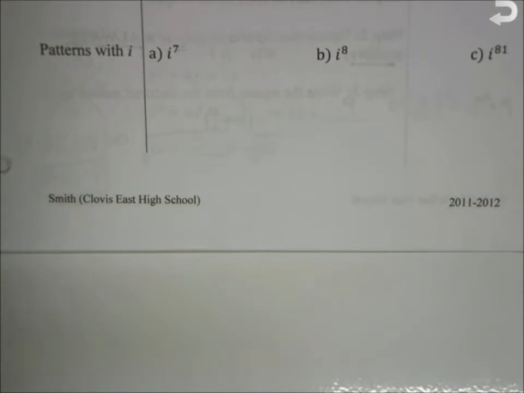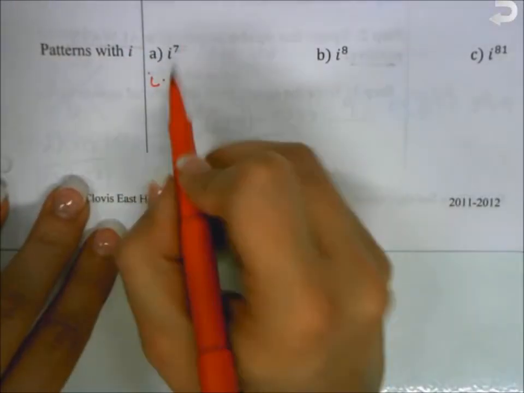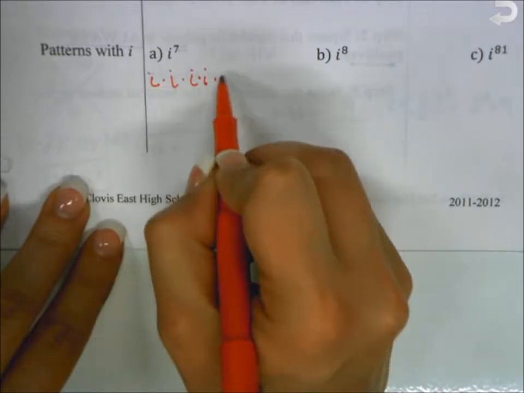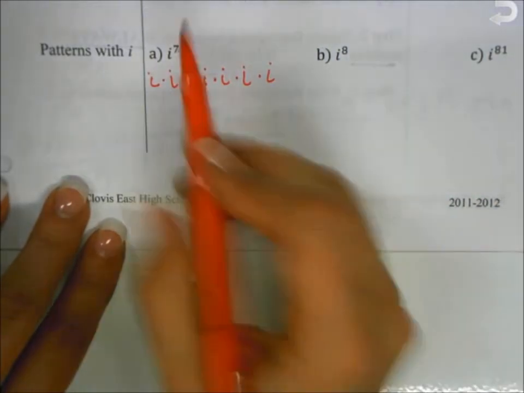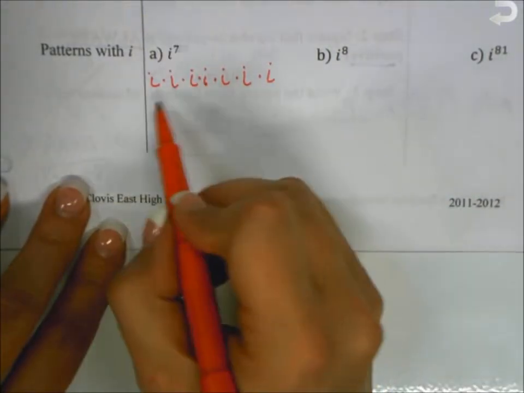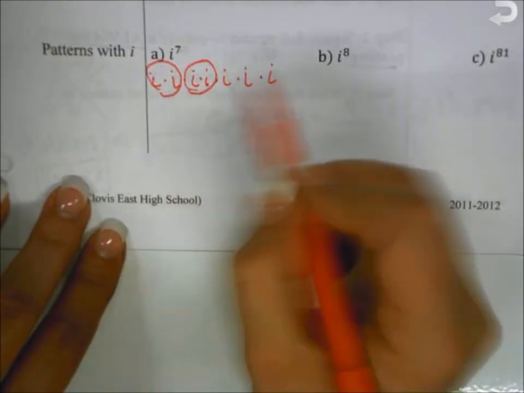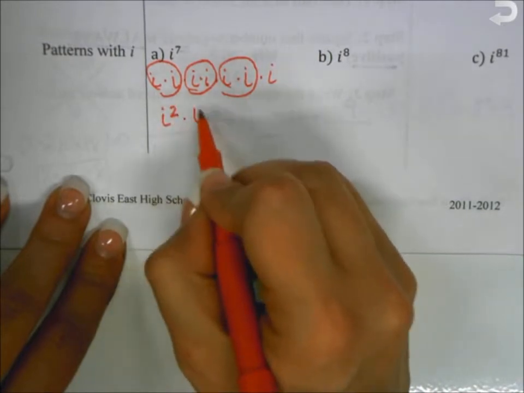Okay, when I have an i times i, what happens? That becomes i squared. So how many i squareds do I have? 3. So I have i squared times i squared times i squared times i. What do I know about i squared? It's negative 1. So this would be negative 1 times negative 1 times negative 1 times i.